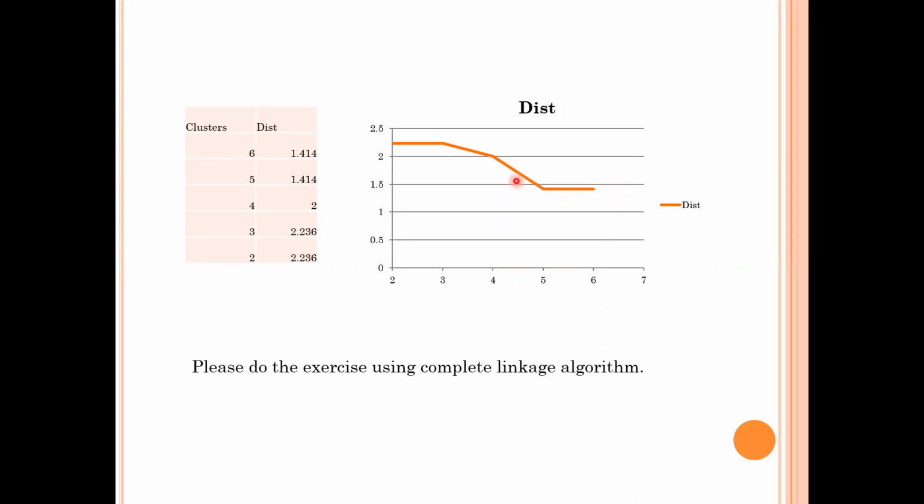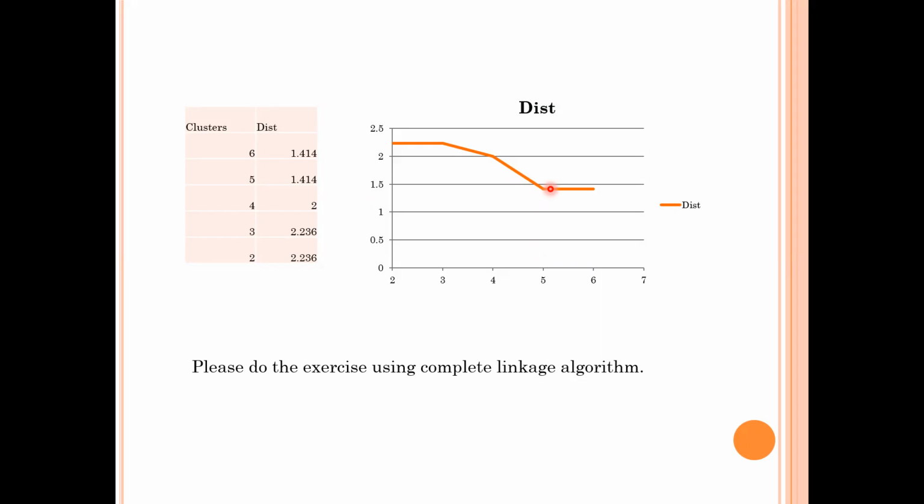So 5 is the optimal number after which the cluster values get pretty different. Within the cluster, the values are not so close by. That is the meaning of this elbow. Before that the curve slopes, and after that the curve is more flat. So that's what we look for.